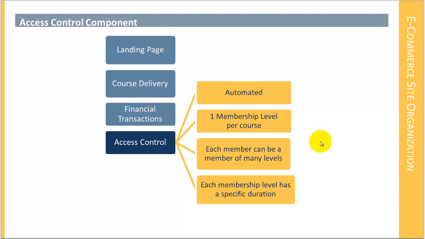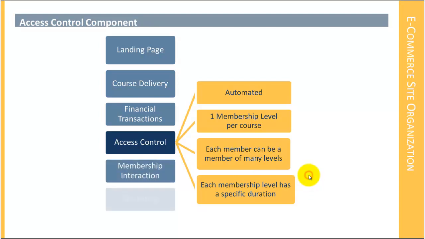If they pay for the next month, then they get the next level of membership. That is how you could drip content if you wished. But essentially what we're doing here is making each membership level have a specific duration.